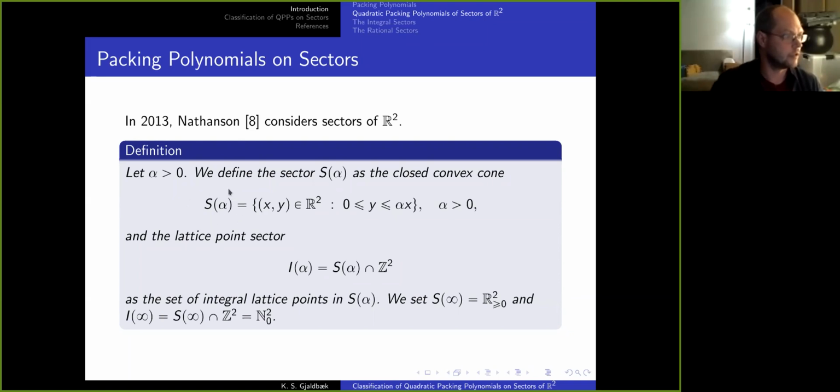So we define this sector as S alpha and the lattice points inside it as I alpha. And just so that we can refer to the original case, we call that S infinity or I infinity.